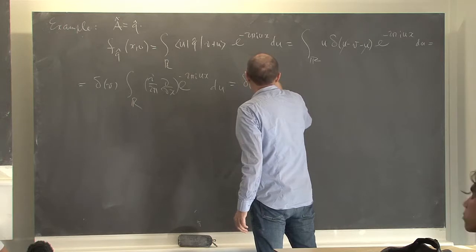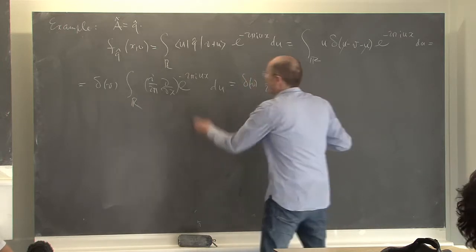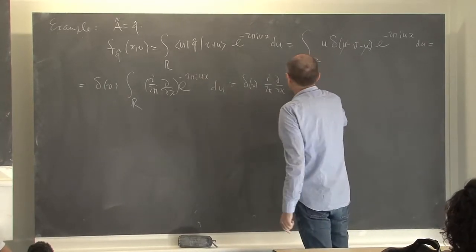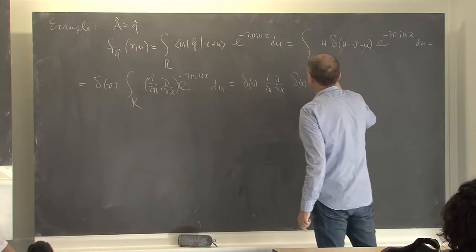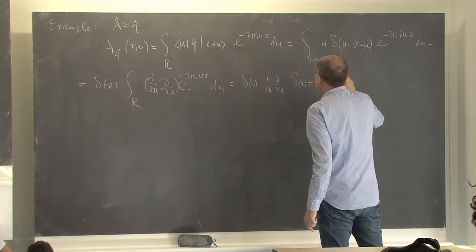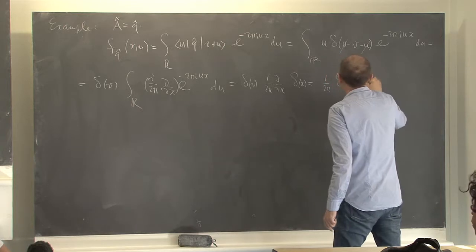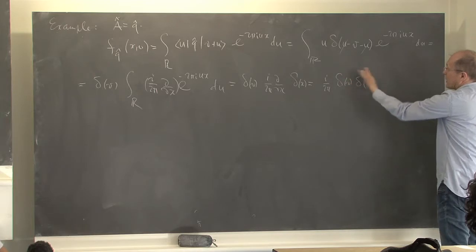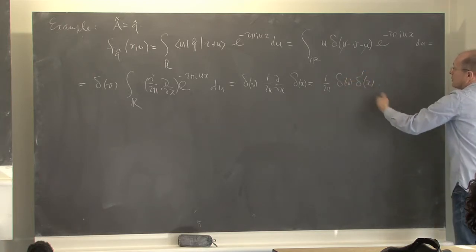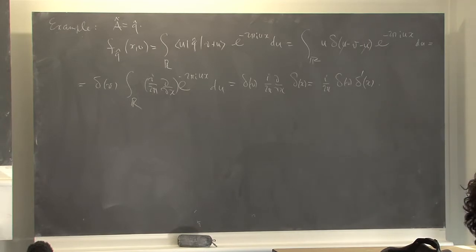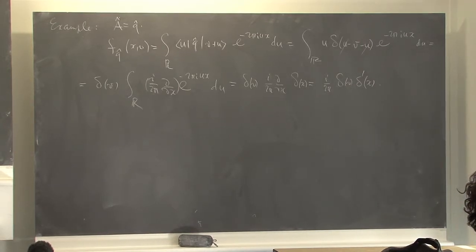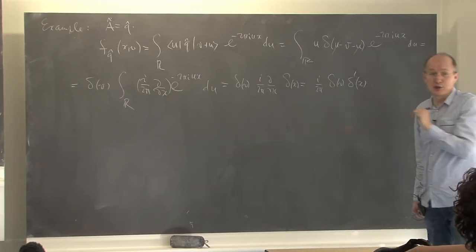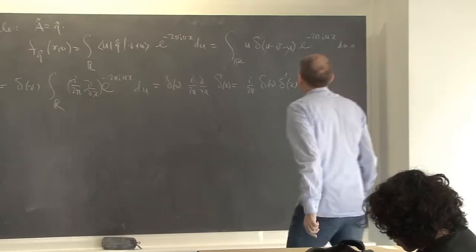So i over 2π d over dx, and what remains as the integral is a delta function of x. So it is i over 2π delta of v, delta prime of x. As you see, it is given by a distribution, not only tempered, but of compact support. It is localized just at the origin of the plane.